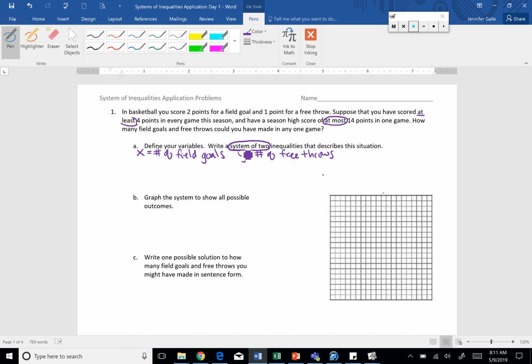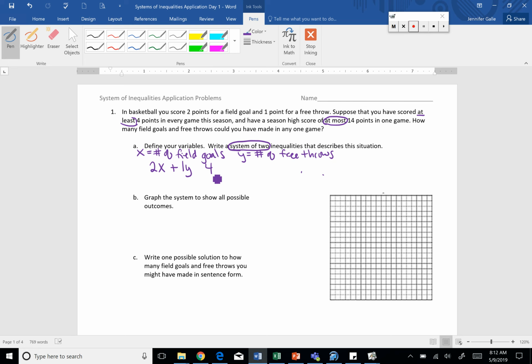Well, in order to get those 4 points, there's 2 points for every field goal, 2 points per field goal, plus, and if you want to put the 1, you can. The 1 might just help us remember, hey, this is for my free throws. There's 1 point per free throw. And then it says you score at least 4 points.